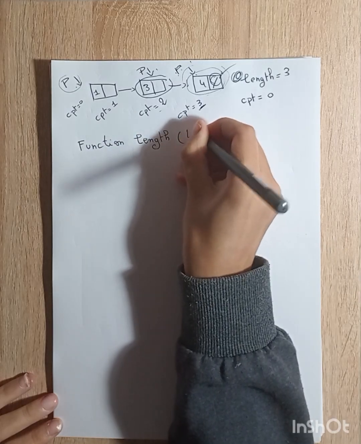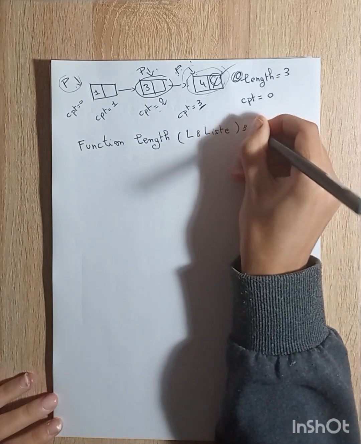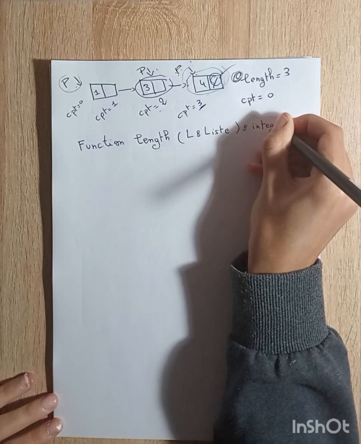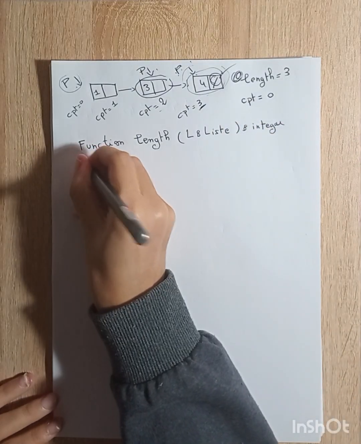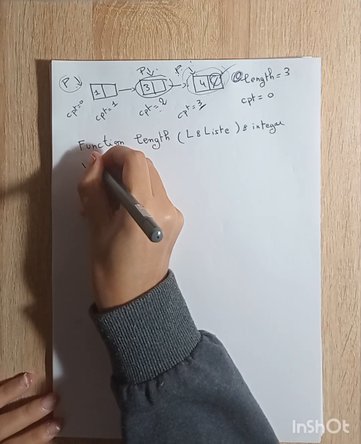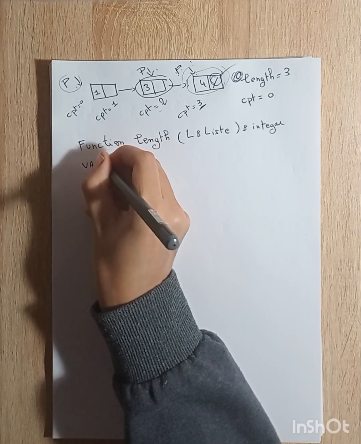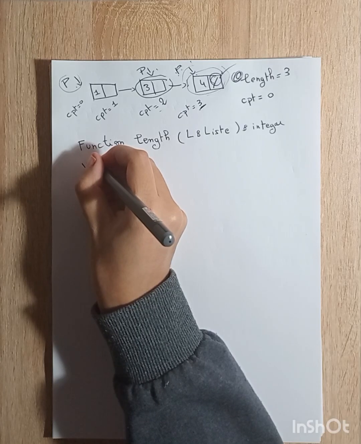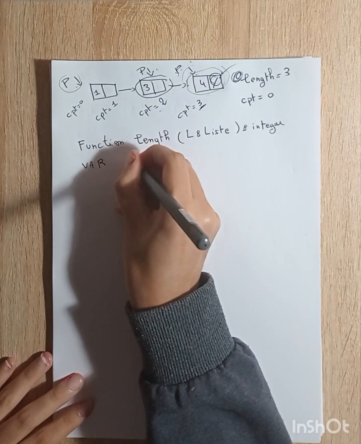We have L, it is a list. It will give us an integer. I have the pointer P of type list.